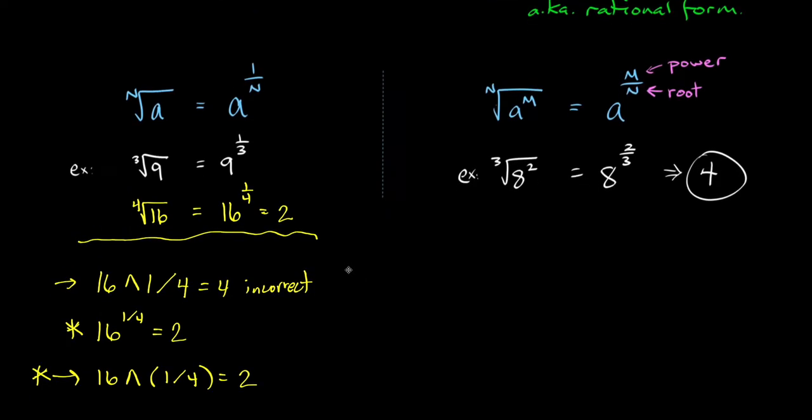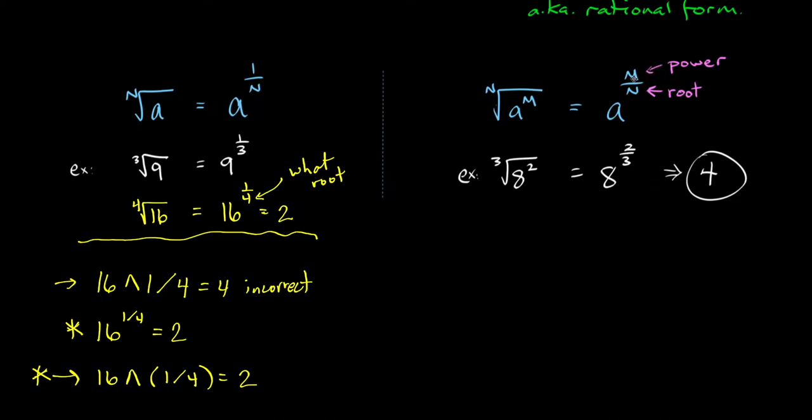There is a more complicated version of a fraction power. And like the one we just did, the bottom number specifically means what root, okay? So square root, cube root, fourth root, that would be the bottom number.